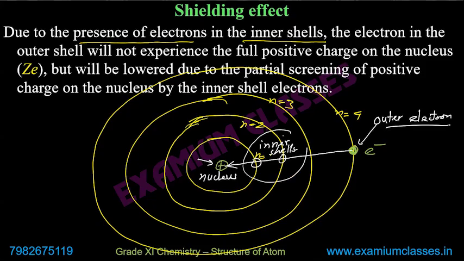Intermediate electrons means these electrons. These electrons have shielding effect. Why shielding? If you remember, shield is something which protects. So earlier kings, warriors used to have a shield in the war. So shield means protection. So this also blocks the force of attraction. This is known as shielding effect.